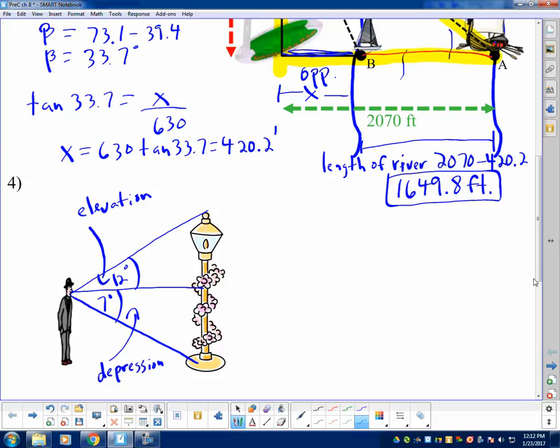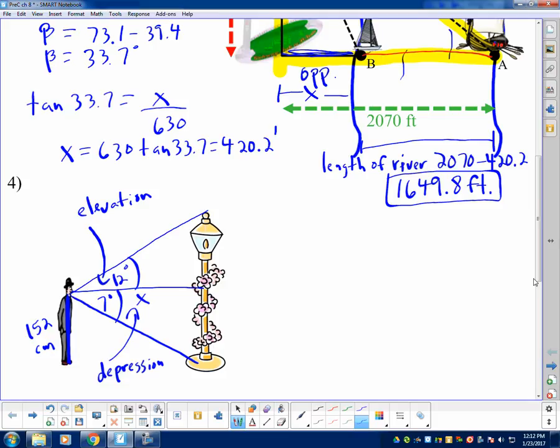We're also given that the eye level is 152 centimeters. This is not to scale here. The eye level, so from here to here, is 152 centimeters. So there are a couple pieces we need to find. One of them, to find out how far away he is, we need to find x, this distance from his eye to the lamppost.